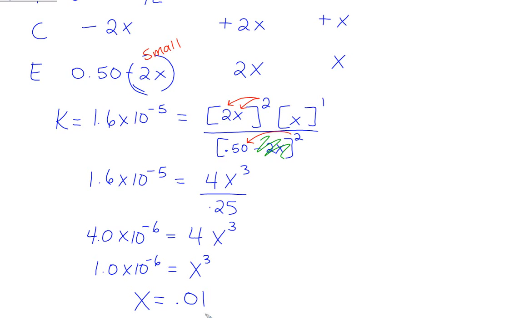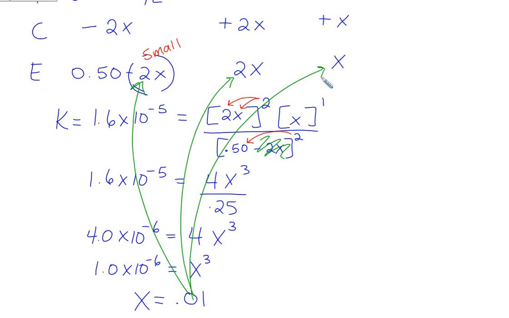Okay, so now we have an x value, and then I would just go back and plug x into my equilibrium conditions. At equilibrium, my NOCl is 0.5 minus 2x. 0.5 minus 0.02 would be 0.48 moles per liter.